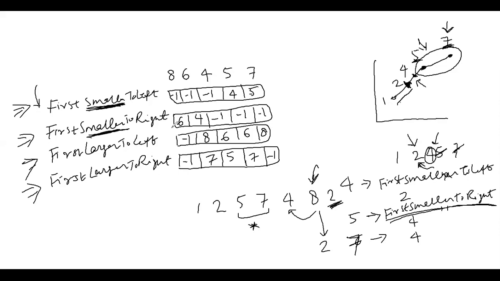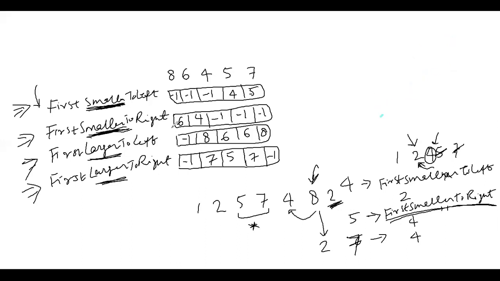Now we will see that if we do the decreasing sequence, we will be able to derive the larger value towards left and right. It's the same exact idea, so it will be very clear. It's like a symmetric case.